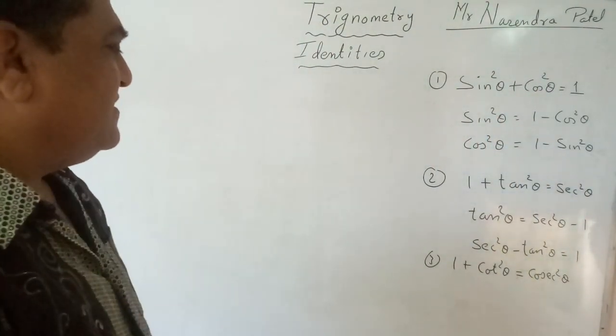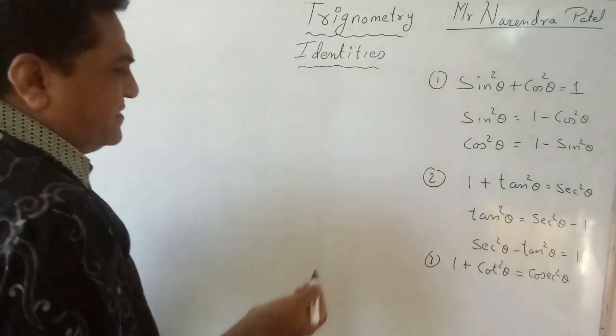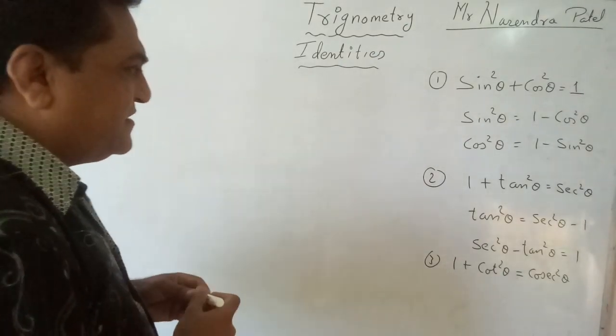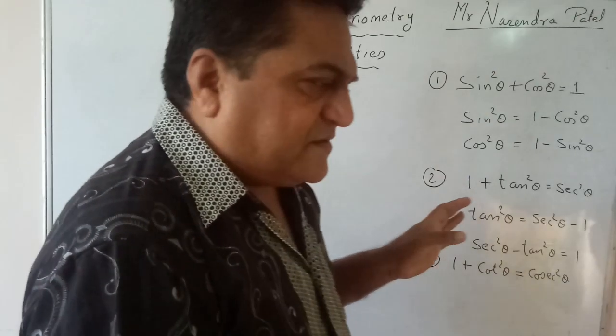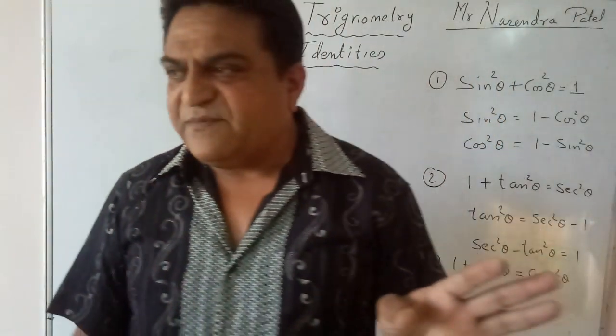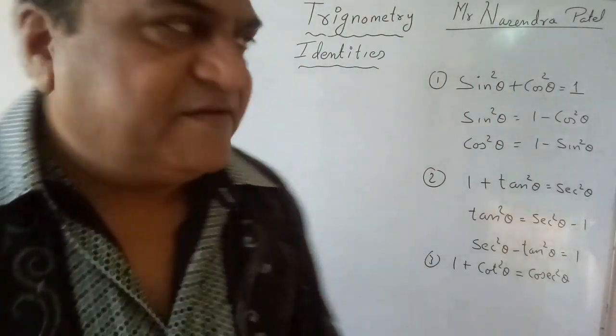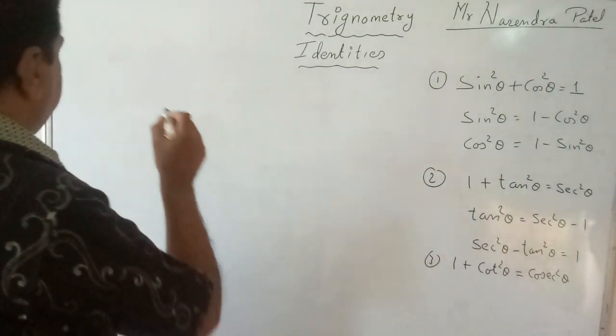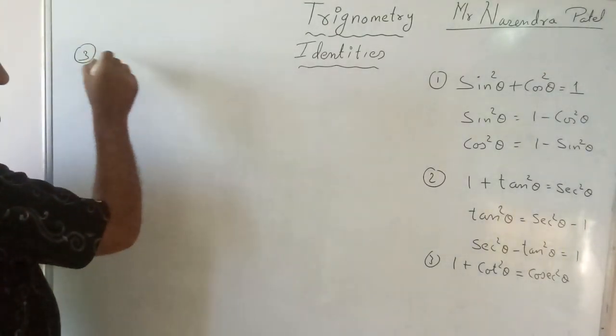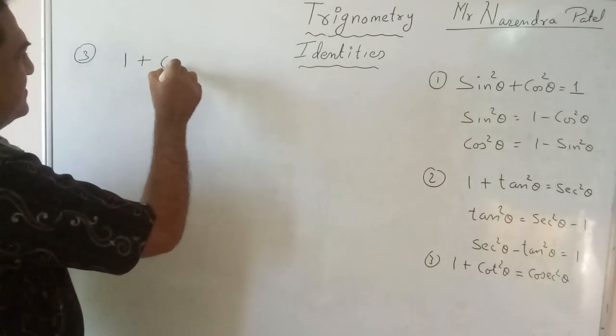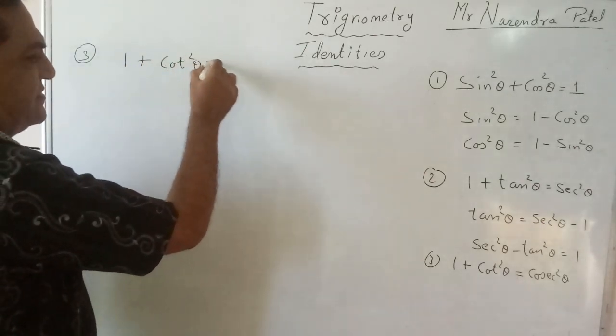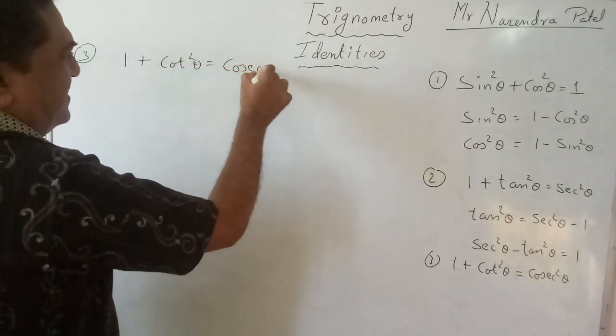This is the third identity. For proving this third identity, we have to proceed the same way as we proceeded in the second identity. Let me prove the third identity. The third identity is 1 plus cot square theta is equal to cosec square theta.